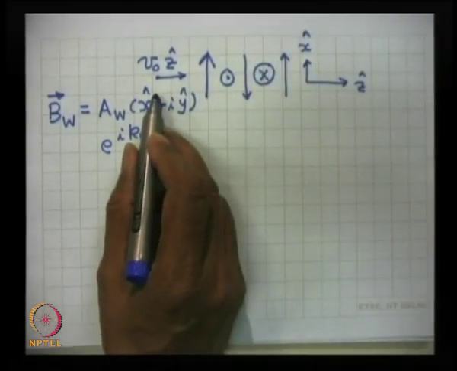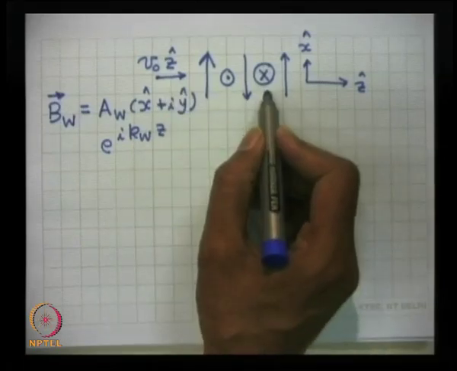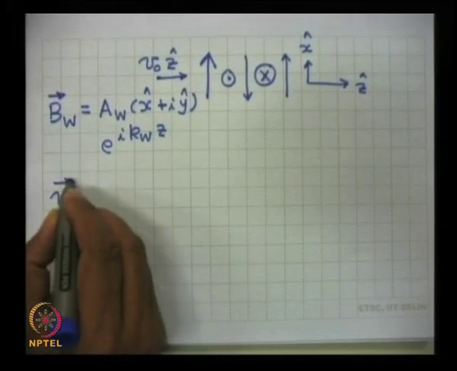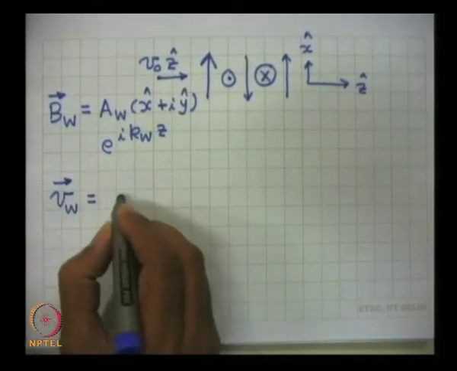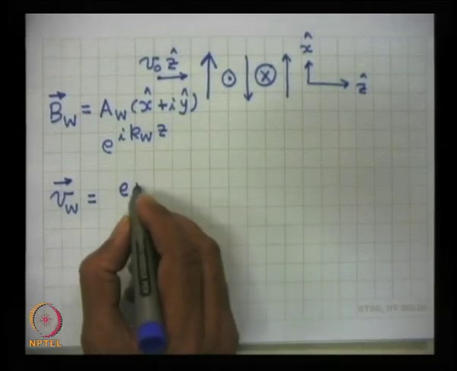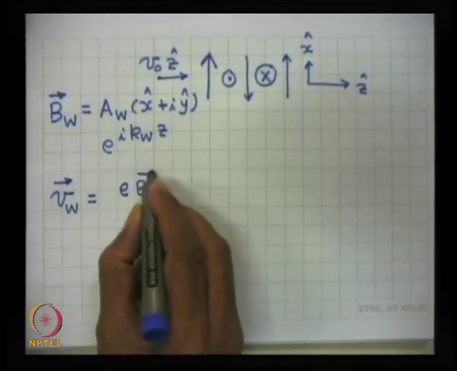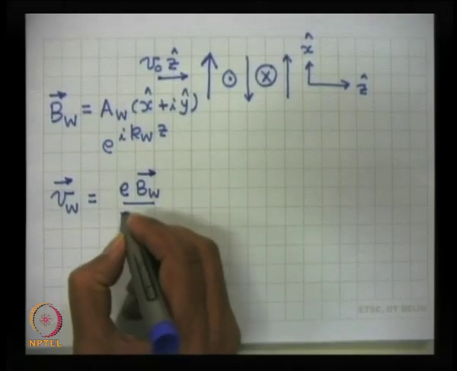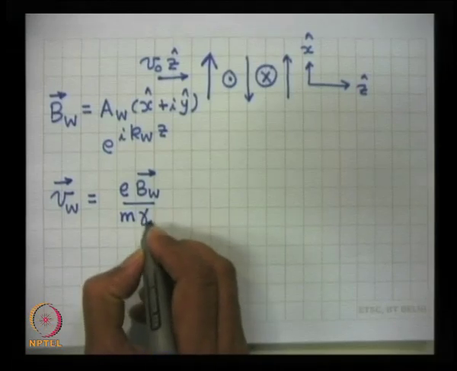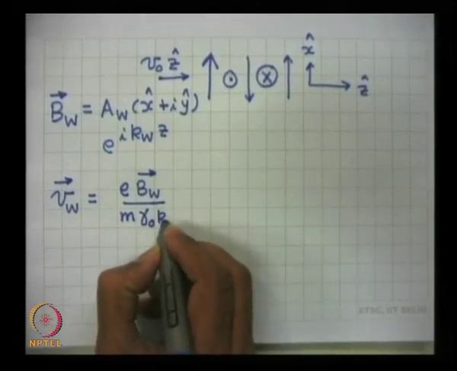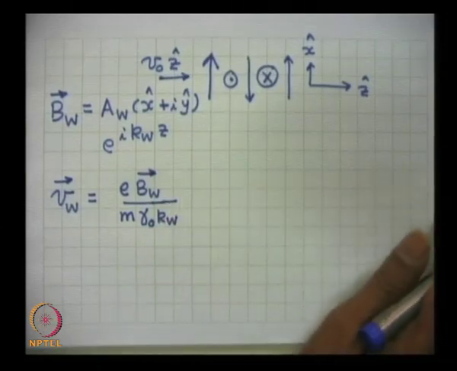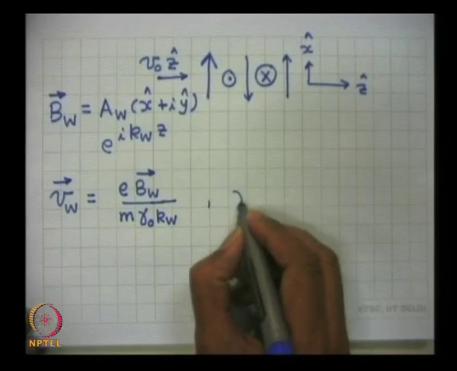So, when the electron beam travels through a Wiggler magnetic field, it acquires a velocity that we deduced last time, which turns out to be equal to v_w is equal to magnitude of the charge of the electron e into B_w upon m, rest mass of the free electron, gamma 0 into k_w, where gamma 0 is the relativistic gamma factor related to electron velocity v0 by this relation.